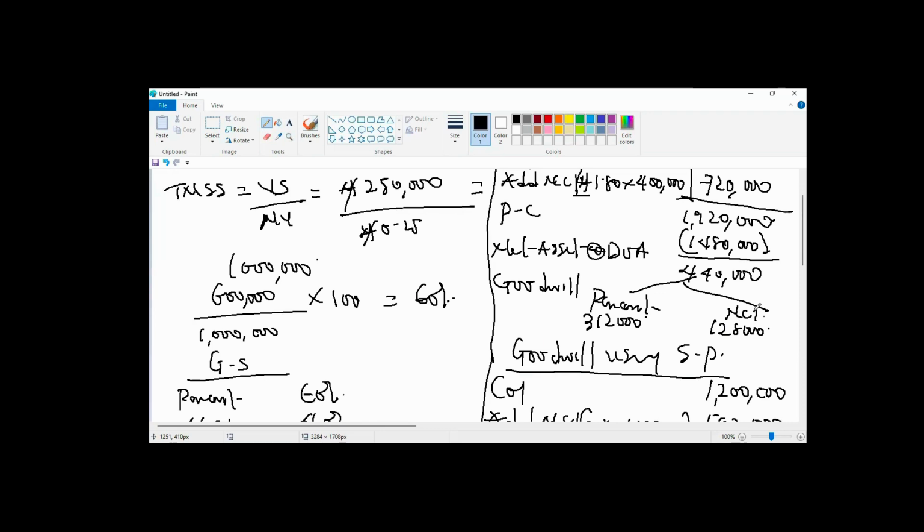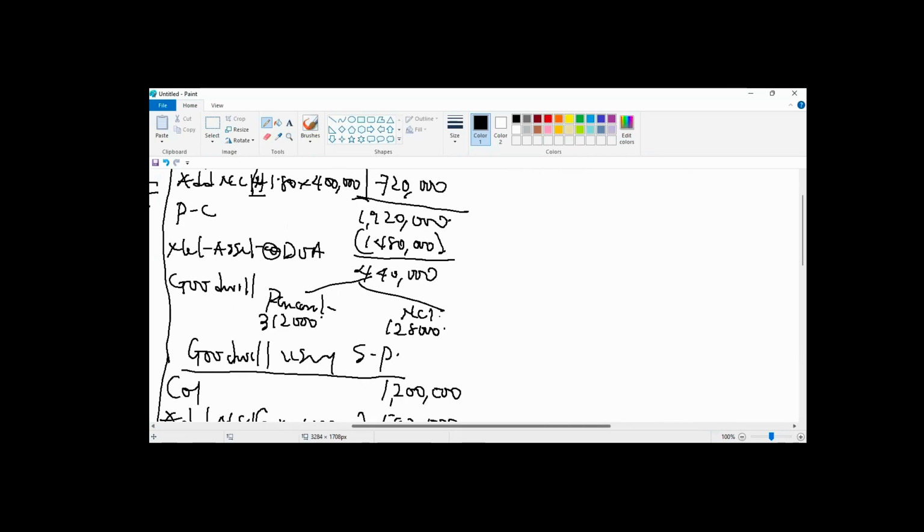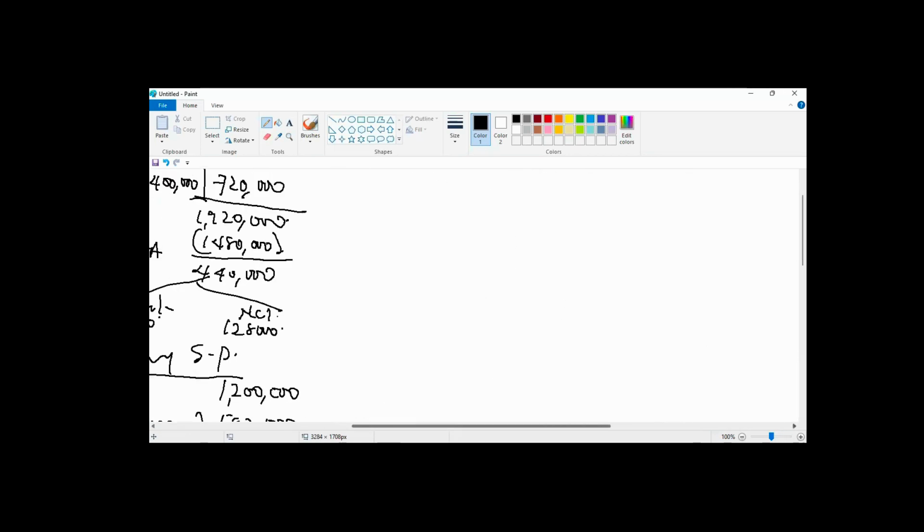Now, I can decide to get the goodwill of the NCI. I will now apply the formula. I don't want to get the parent first. I want to get the NCI. I say goodwill attributed to NCI.